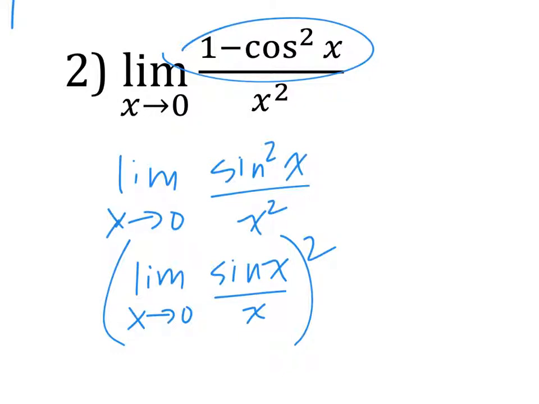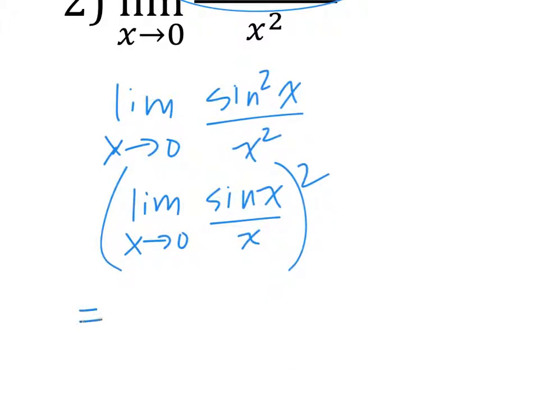I know the answer is 1, and you can probably see that it's 1. The problem is that you have to prove the procedure of getting there. If you just say 1, you're basically telling people you just plug in 0, but 0 over 0 is not 1. You have to apply your limit rules. Okay, so at this point, it's 1 squared, so it's 1.